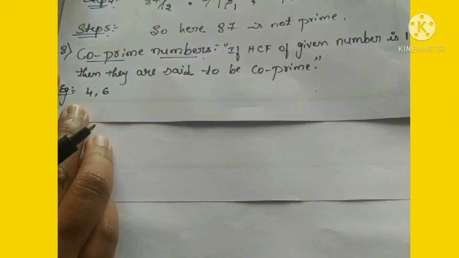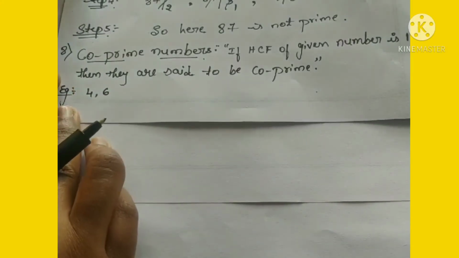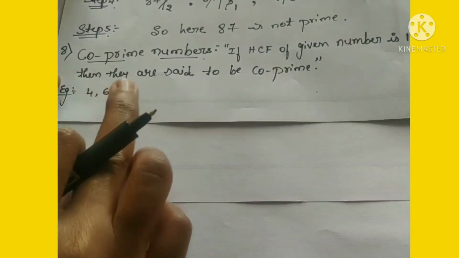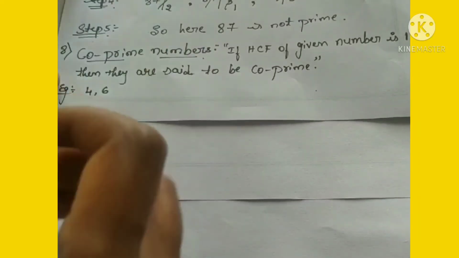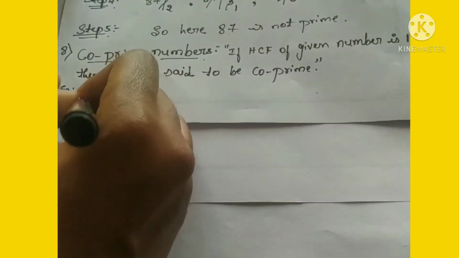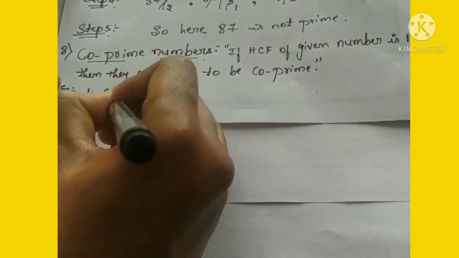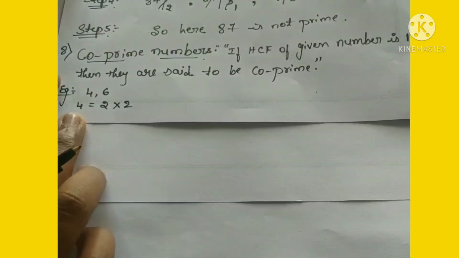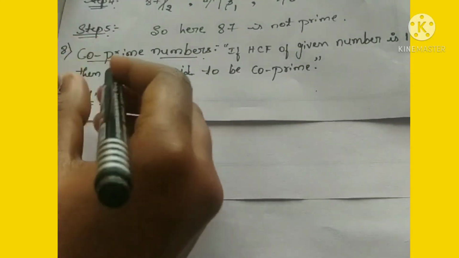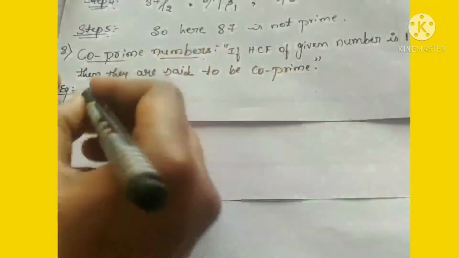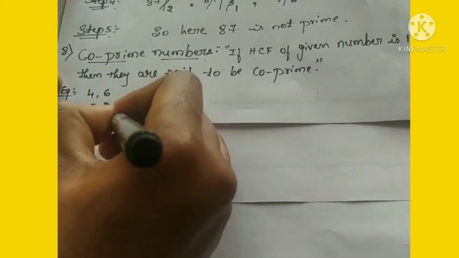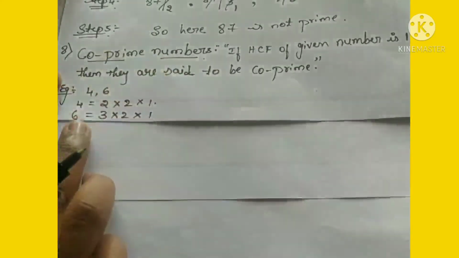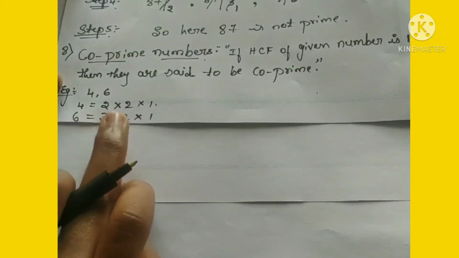Check whether these numbers are co-prime or not. 4 can be written as 2 into 2 into 1. 6 can be written as 3 into 2 into 1.